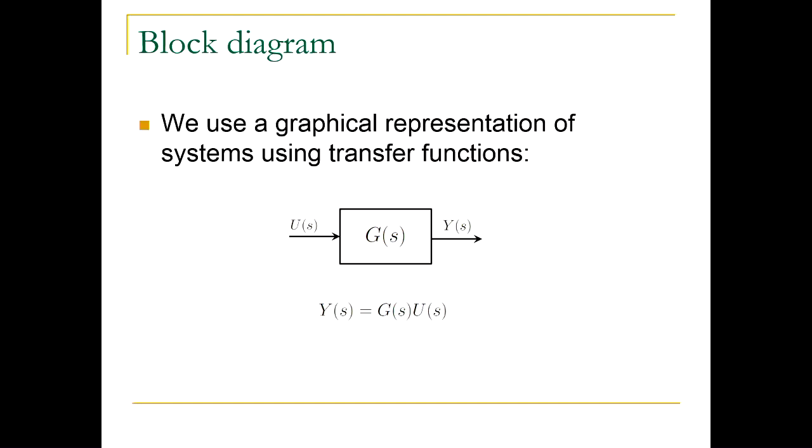All the boxes represent subsystems in your block diagram, and all the arrows represent Laplace transforms of different signals. So you have an input arrow, that's U of S, multiplied by G of S, which comes from your system, and that's how you get Y of S. So this is a simple block diagram representation of a system using a transfer function.